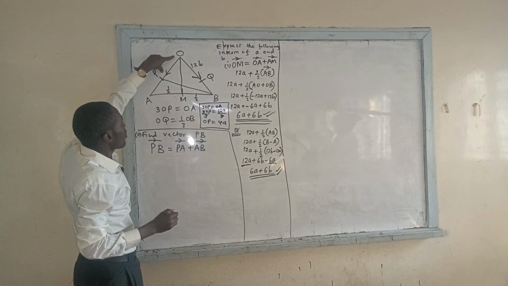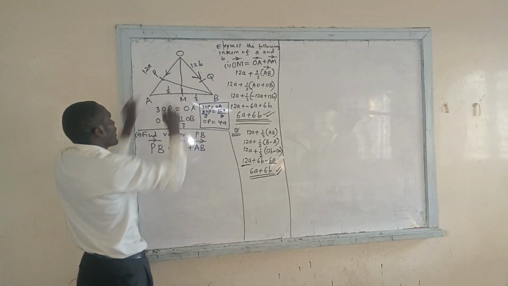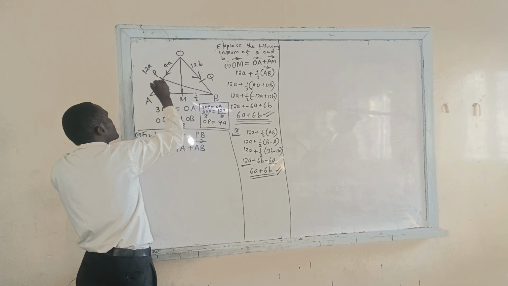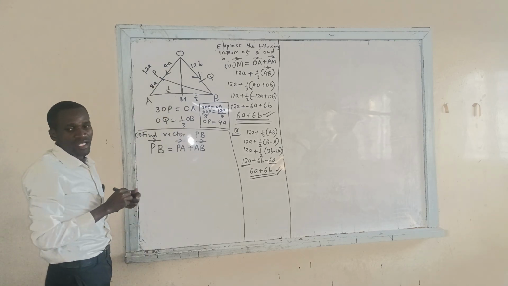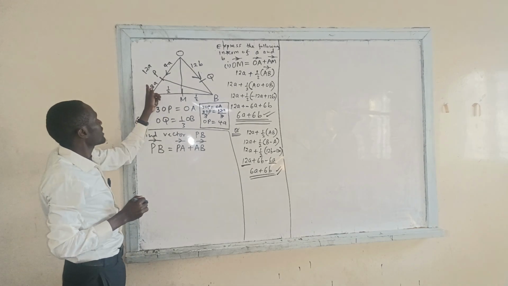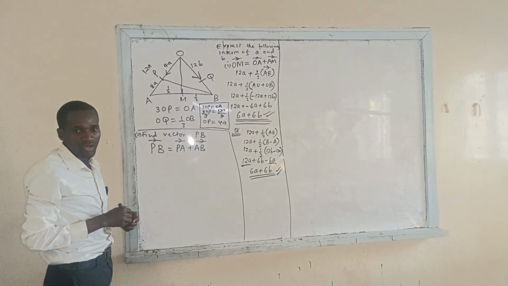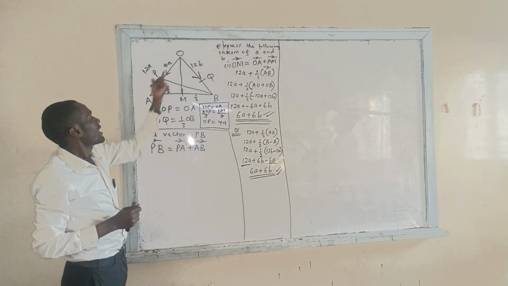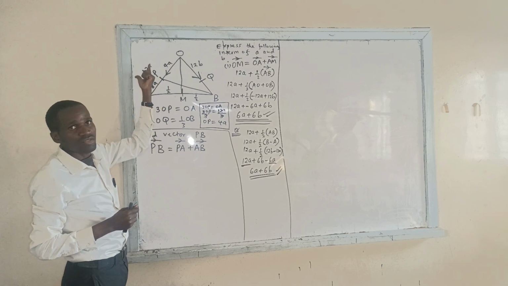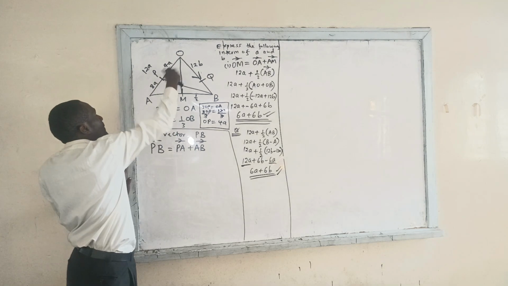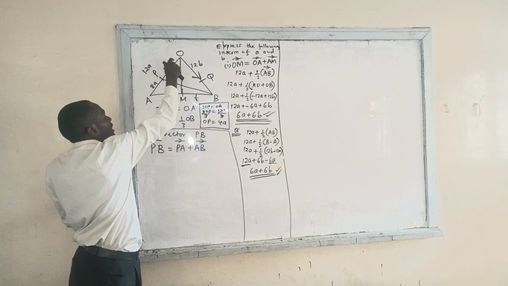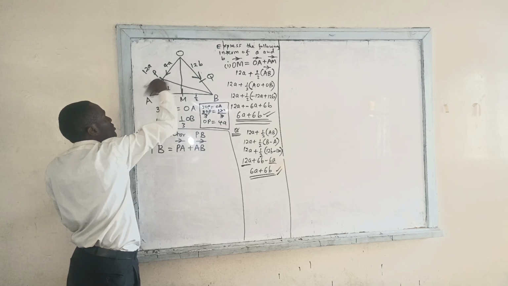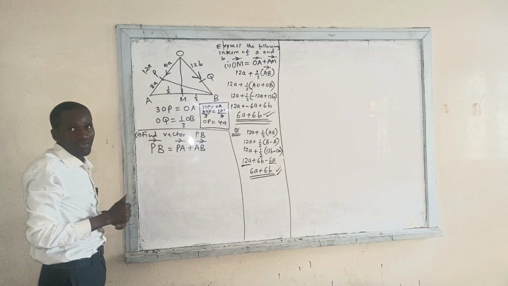Once you know this OP is 4A, then from the total we can know this is 8A. So 4A plus 8A gives you 12A, the whole vector OA. So 3 times OP can give you the whole. That means 3 times 4A gives you 12A. That is correct. So OP 3 times can give you OA.